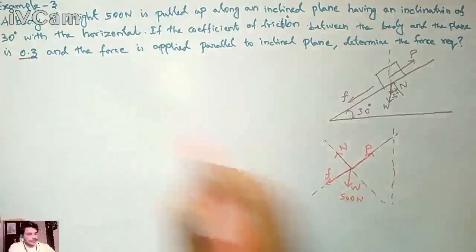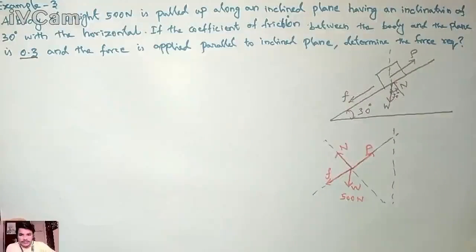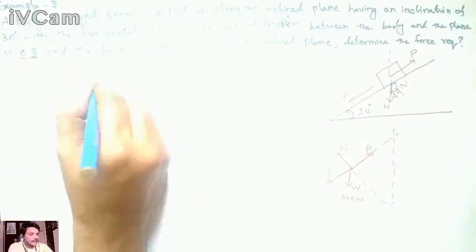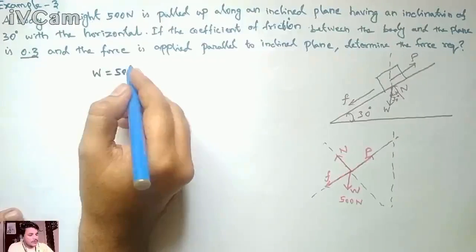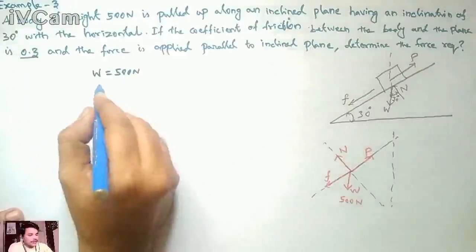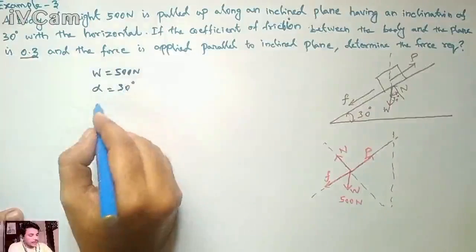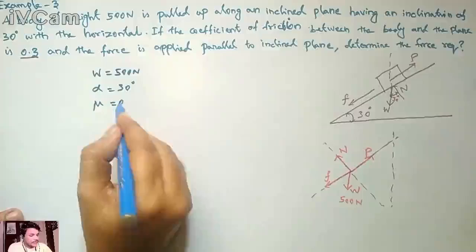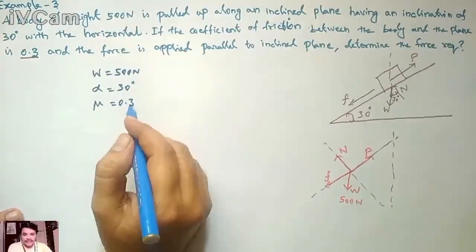So the data given in this problem: the weight of the object is 500 Newton, alpha, that is the angle of inclination, is 30 degrees, and mu, that is the coefficient of friction, is given as 0.3. So these are the data given here.